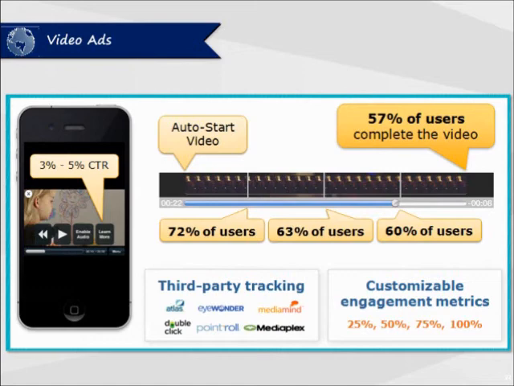What we see on the right-hand side is a timeline of a video. And the important point here is that 57% of users complete videos on the Greystripe network. And those users have the opportunity to skip out of that ad at any time by selecting the X button that you see on the top left.